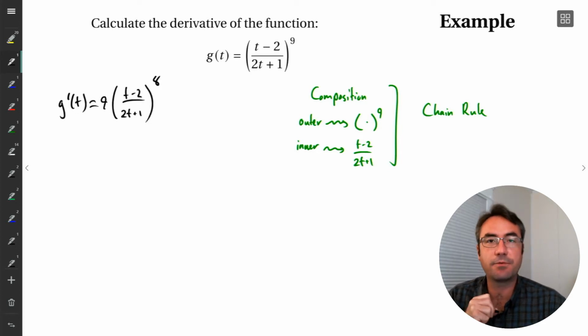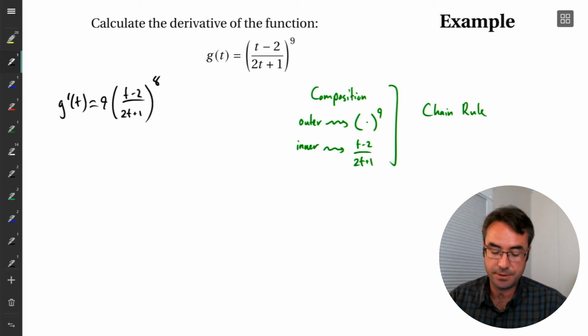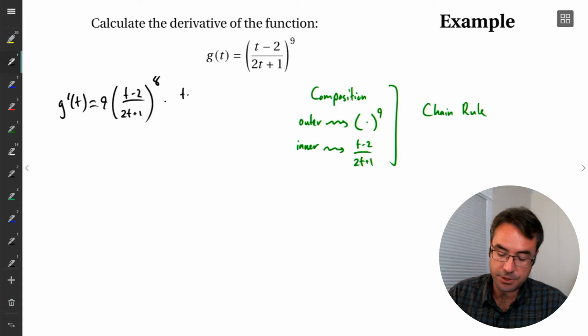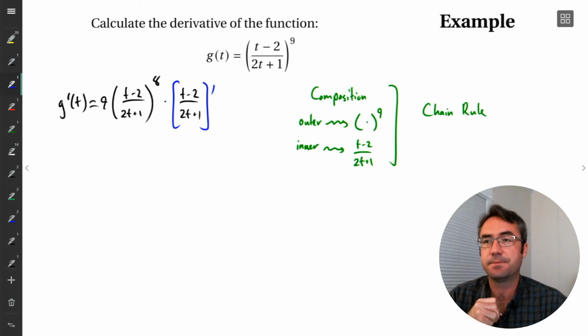And then subtract 1 from the exponent. So that's the derivative of our outer function. And then we take our inner function, t minus 2 over 2t plus 1, and we multiply by its derivative. So that's chain rule that we've done there.